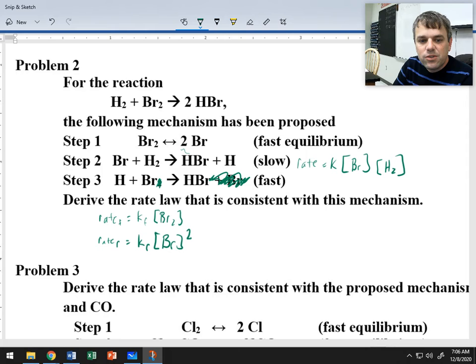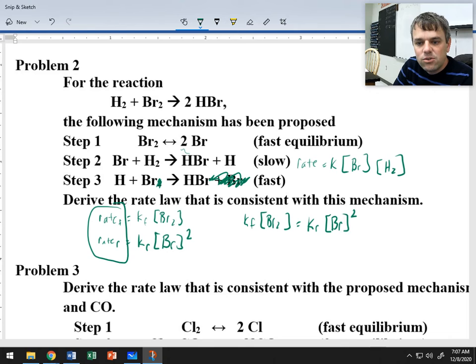What we can do is set these rates equal to each other, and so we get that kf times the concentration of Br2 equals kr times the concentration of Br squared.